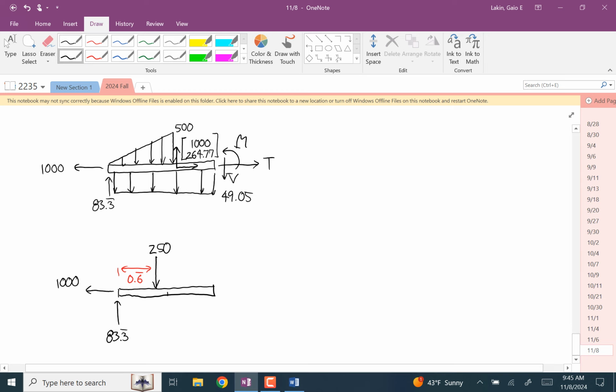And then we have a point force from the weight, and that's going to be 49.05x. And then we have the forces from that pin joint, 1,264.77. And then T, V, and M.